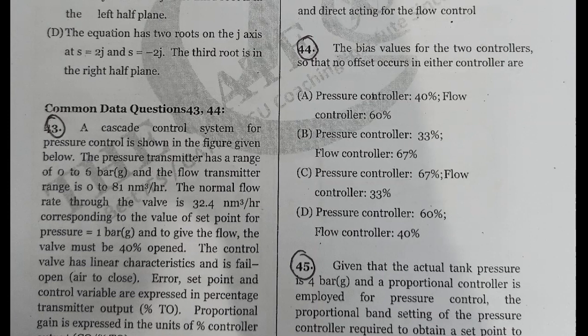You can see once again, given that actual tank pressure is 4 bar. So they are giving you a condition: if the pressure inside the tank is 4 bar, then what should be the proportional band setting so that we should get 54 Nm cube per hour as a set point to the flow controller.